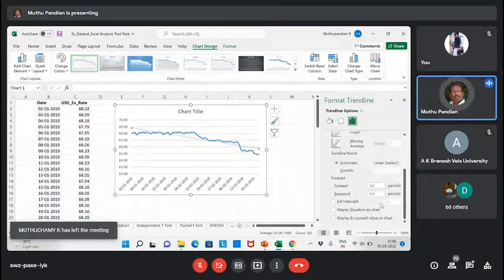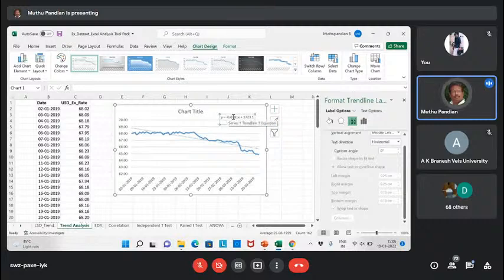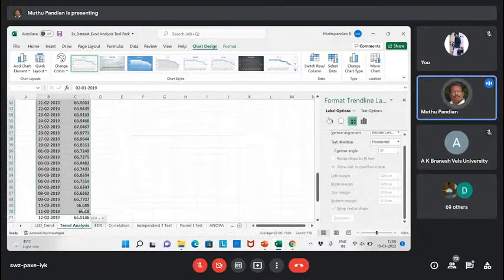I want to display the r squared and display the regression equation. This is my regression equation, and this is my r squared. Now I want to predict the graph slightly. How to predict?